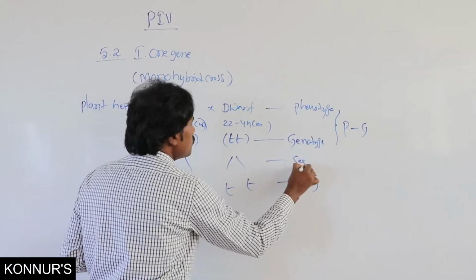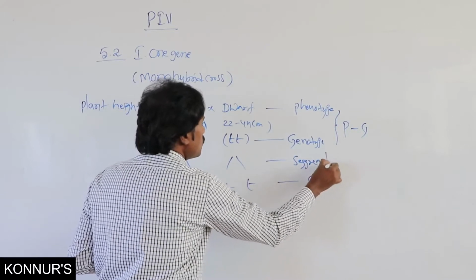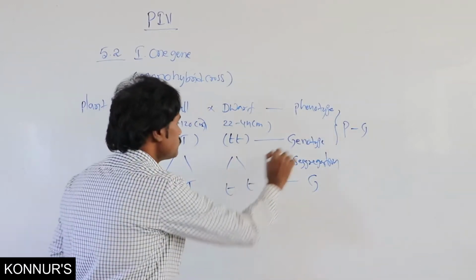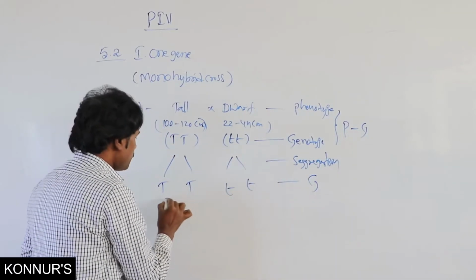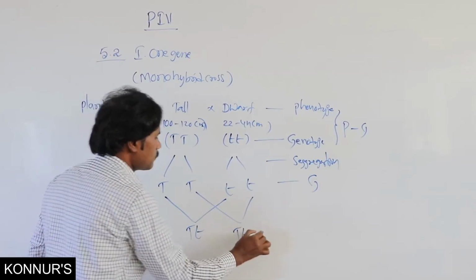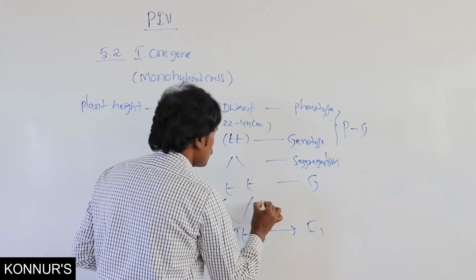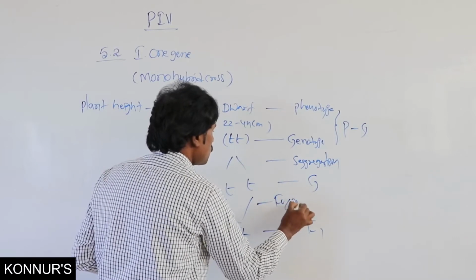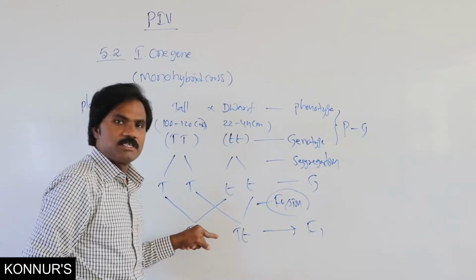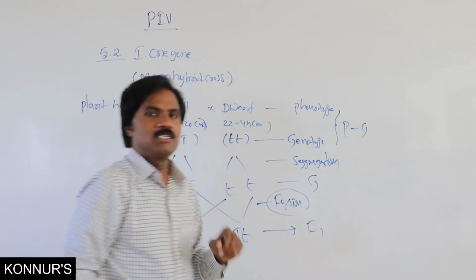Then fusion of gametes forms the first filial generation. First filial hybrids are formed.